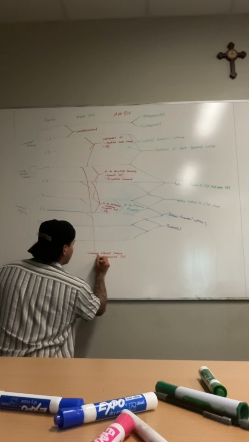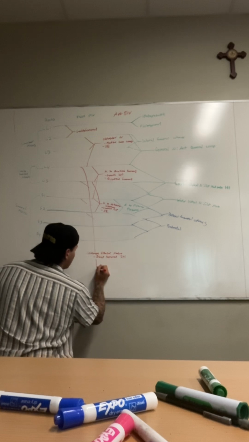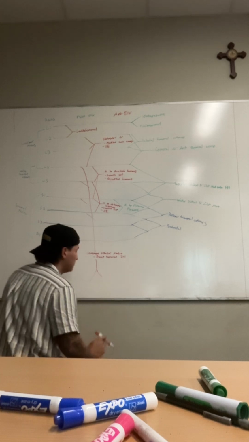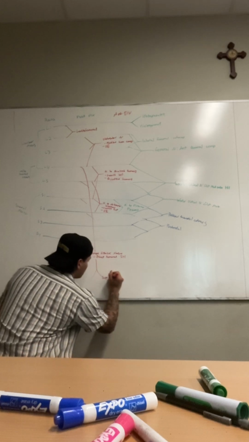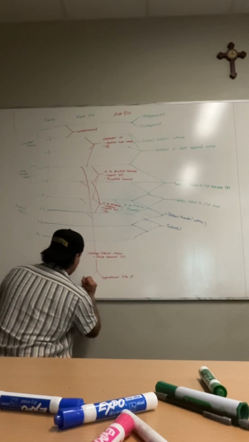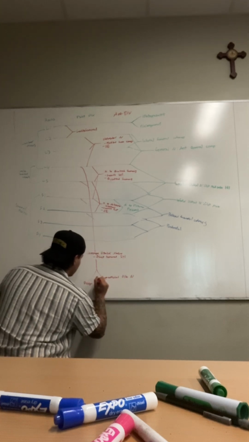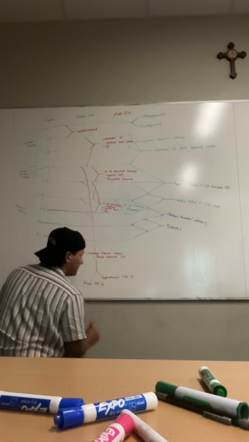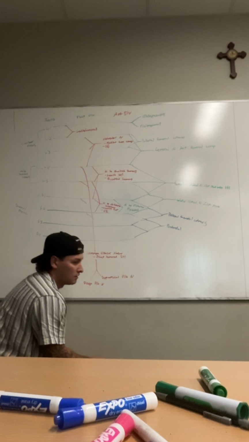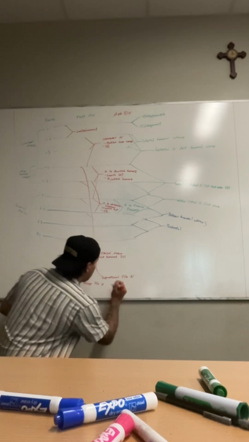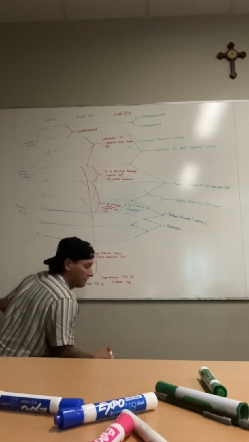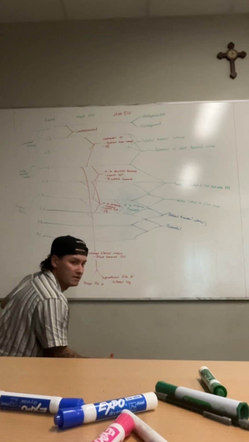And then the common fibular nerve comes down and splits off into two different nerves: your superficial fibular and your deep fibular. Superficial fibular nerve innervates your lateral leg. And the deep fibular nerve innervates your anterior leg.